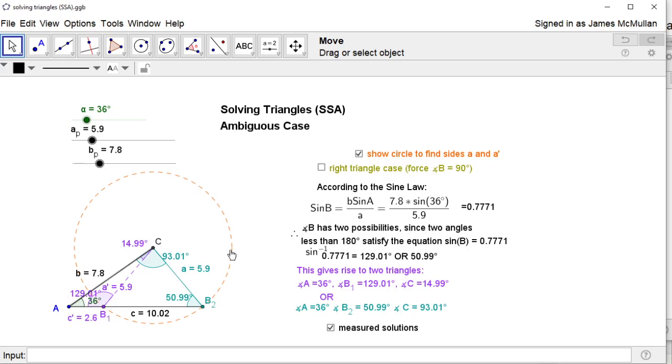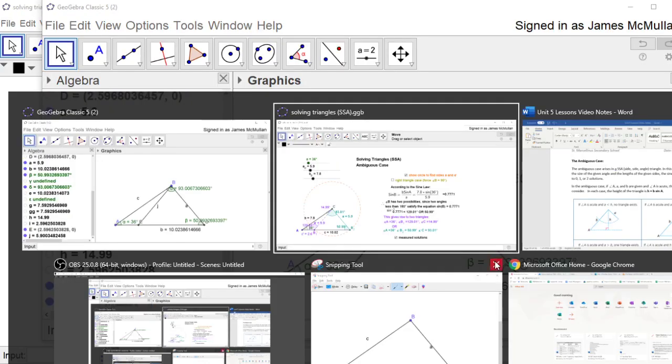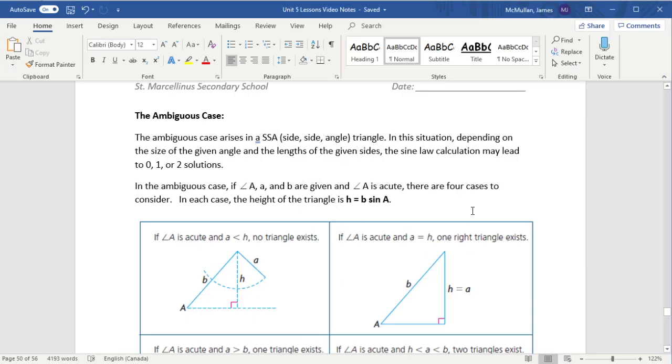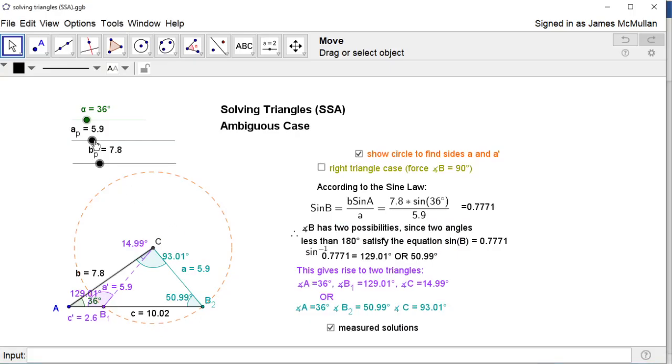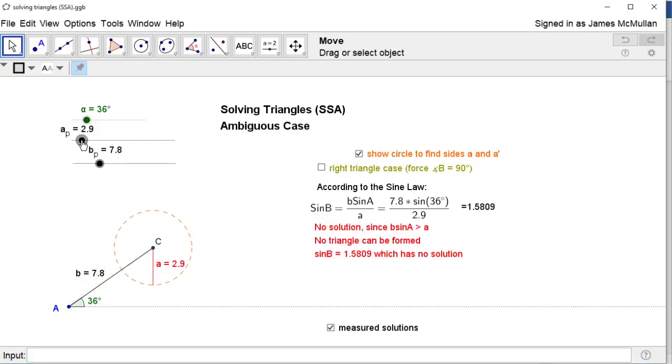In that case, it is possible you have two triangles, and that's the case you have to be careful of. So make sure you have this with you when you're doing your test or your assignment. The sine law calculation may lead to zero triangles, as I tried to show you here. It's possible that the other rope is not long enough to even make a triangle, period.